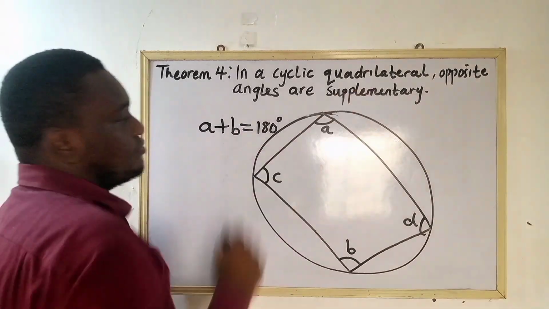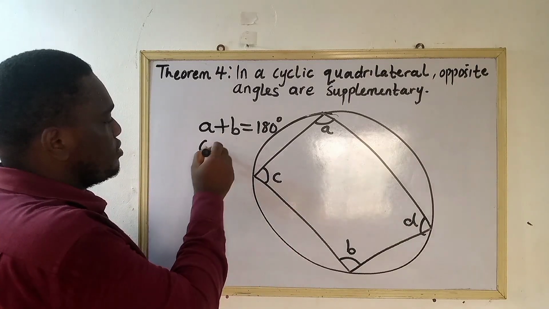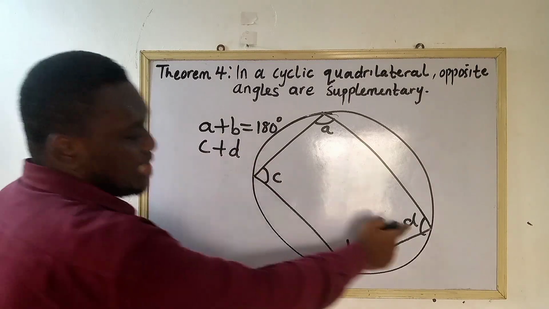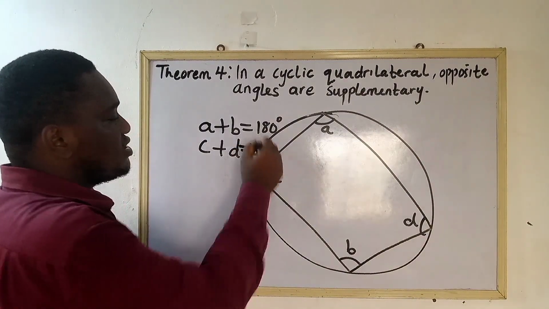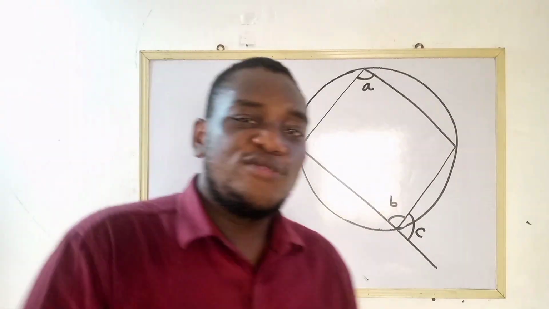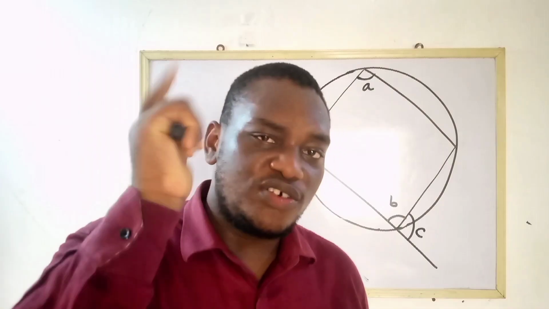They are supplementary. And also, C plus D, opposite angles of the cyclic quadrilateral, will also add up to 180 degrees. Let us look at an implication of this theorem.